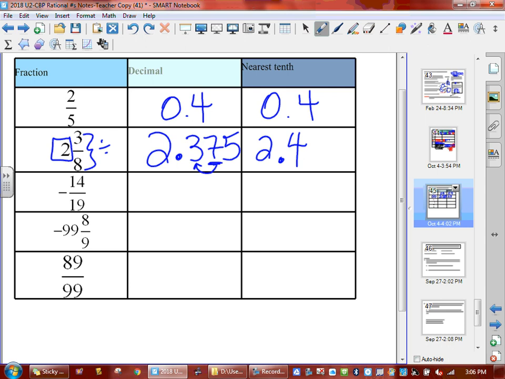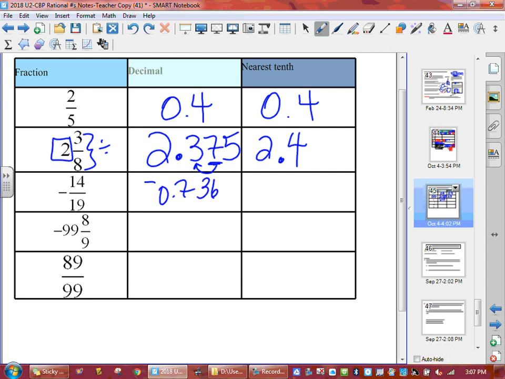Okay, this guy here, negative 14 divided by 19, it is a negative number, so the negative will float to the top. So it's going to be negative 0.7368, yada, yada, yada. It's a run on decimal. So since we're going to nearest 10th, all we need to see is one digit after the decimal.